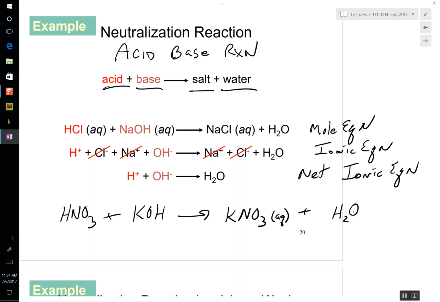It's a salt. Chemists generally define salts as compounds that result from the reaction of an acid with a base. It's what you get when you react an acid with a base. You get a salt and water. So here's your salt, potassium nitrate.